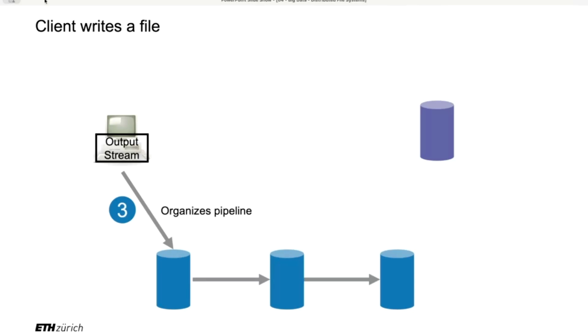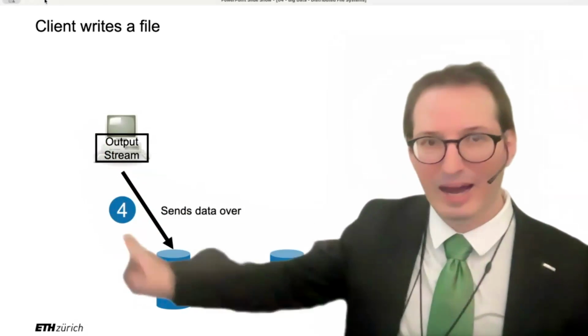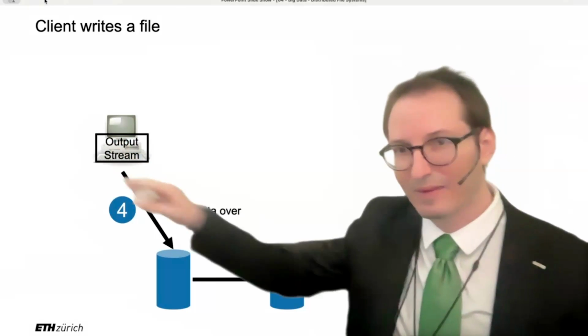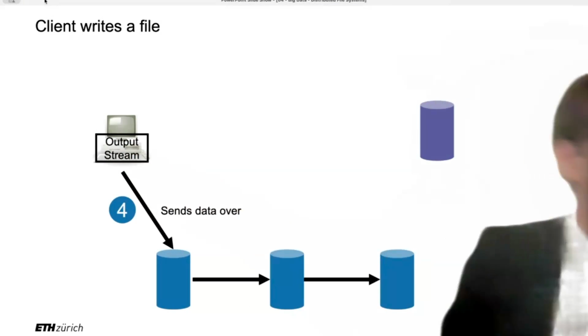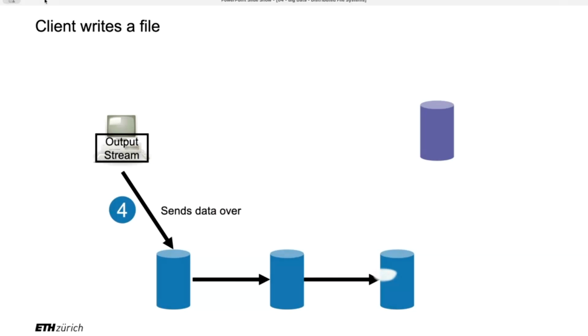So for the acks, it goes through the pipeline. So yes, in that case, this data node here is going to send an ACK over to the client, right? Yes, that bypasses the name node. Here, this is a protocol just between the client and the data nodes, and the name node is not involved, right?